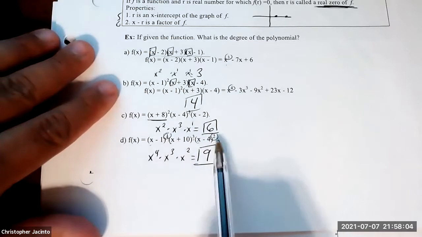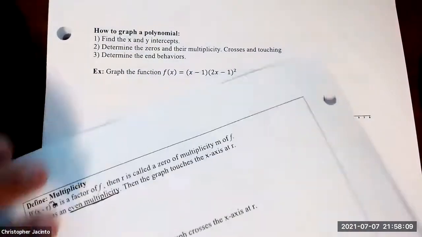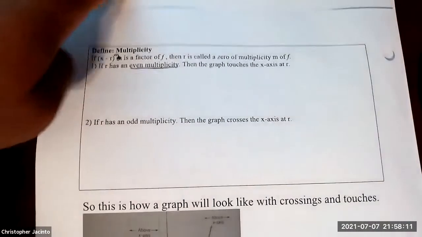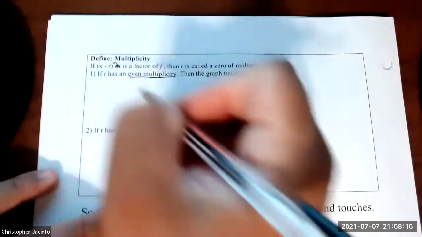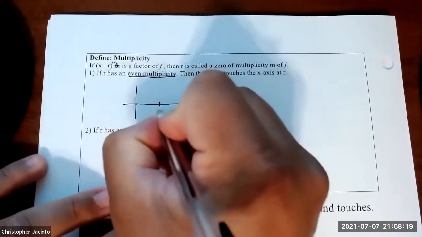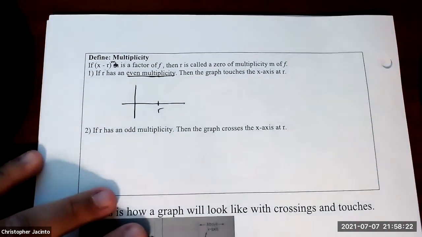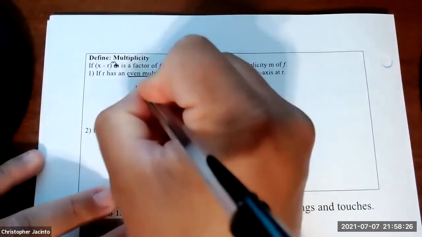If these numbers are even, what that says is the graph touches the x-axis at the value of r. Here's the value of r, that's the x-intercept.